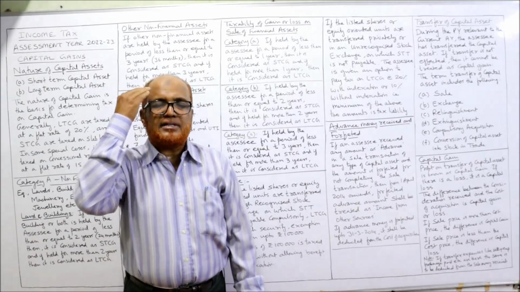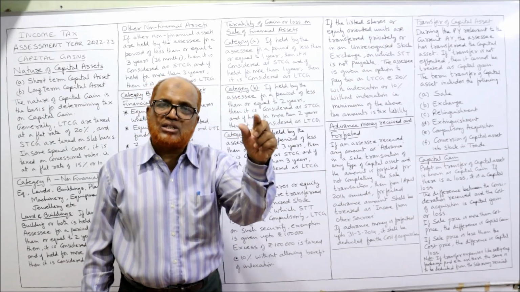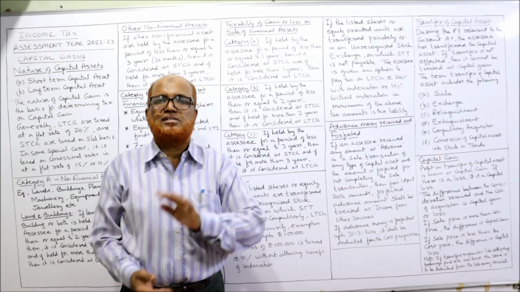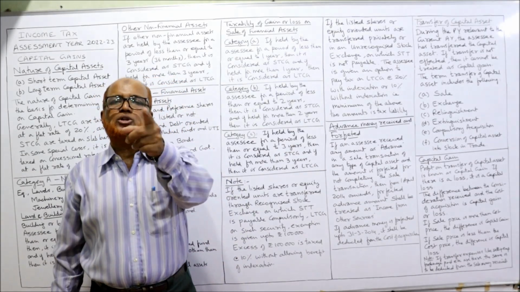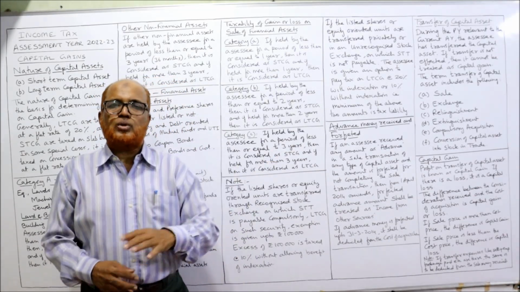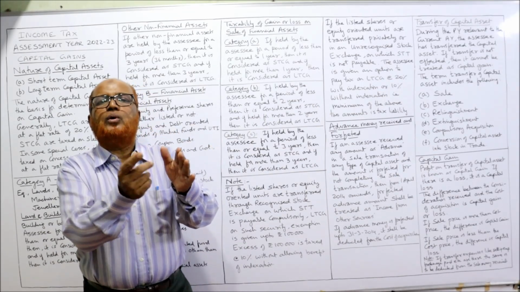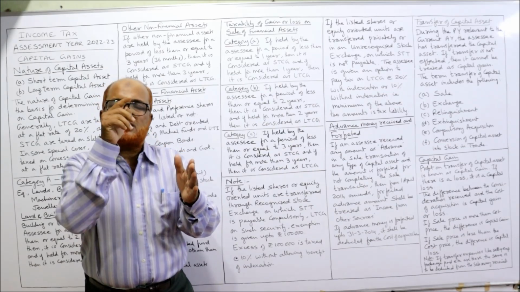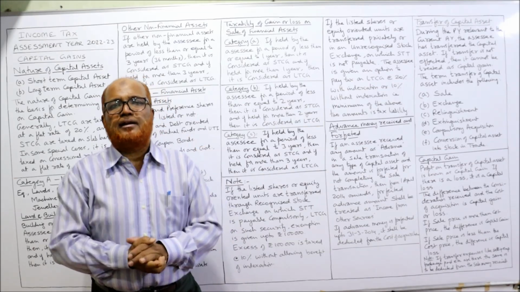Actually, capital gain is taxed whenever a capital asset is transferred during the previous year relevant to the current assessment year. Our current assessment year is 22-23. Previous year is 21-22. So during the previous year 21-22, if the SSC has transferred the capital asset, then only capital gain tax applies.